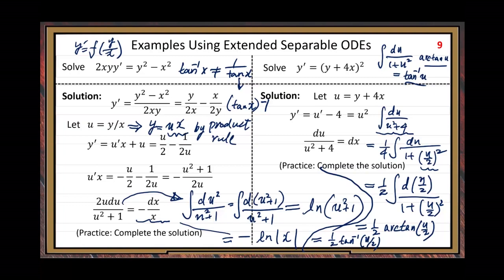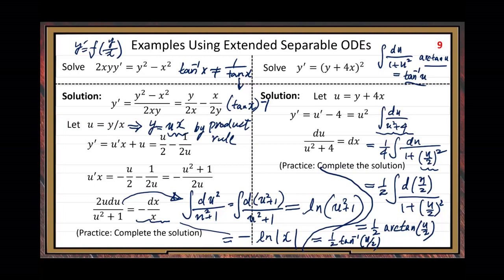So they just use a slightly different notation, c star. That's how we write the final solution.